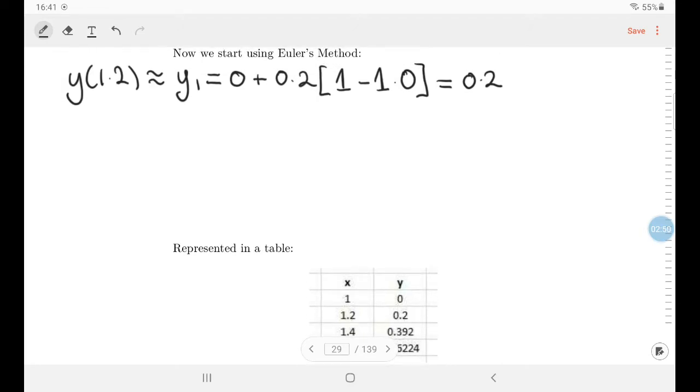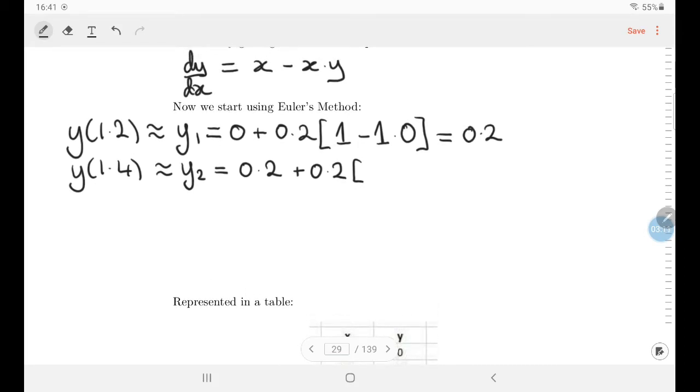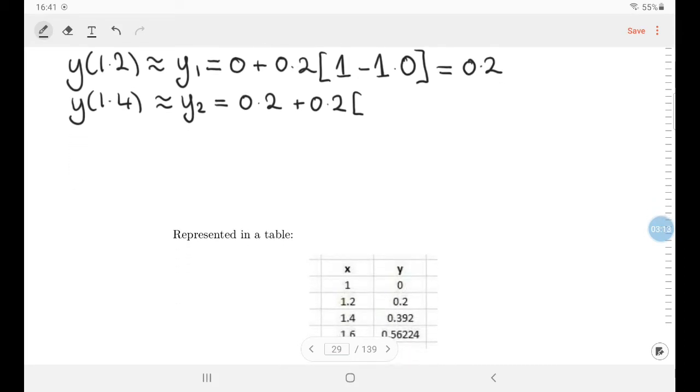Now we go again. The y value at the next point is approximately what we call y2, which is the previous y value, which is 0.2, plus the step size, which is 0.2 for the whole problem, times the slope at the previous point. The slope is x minus xy, and the previous x and y values are 1.2 for x and 0.2 for y.